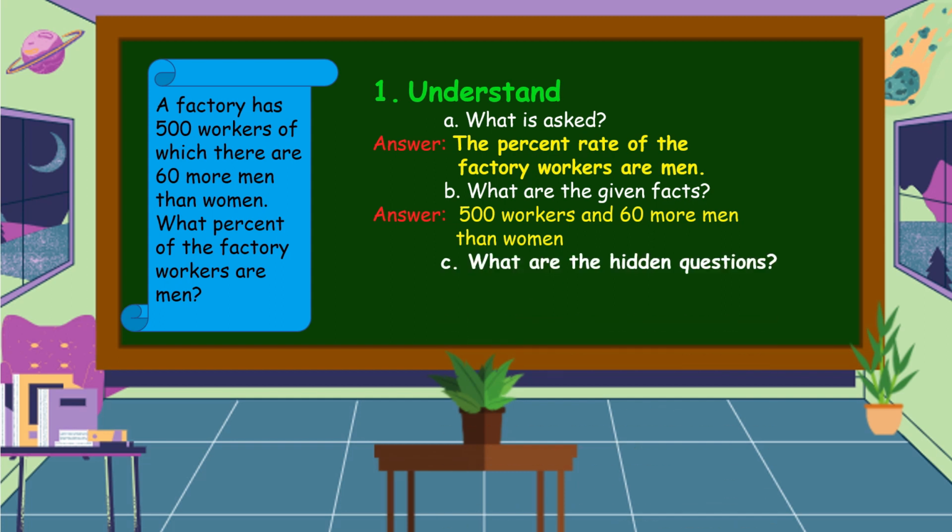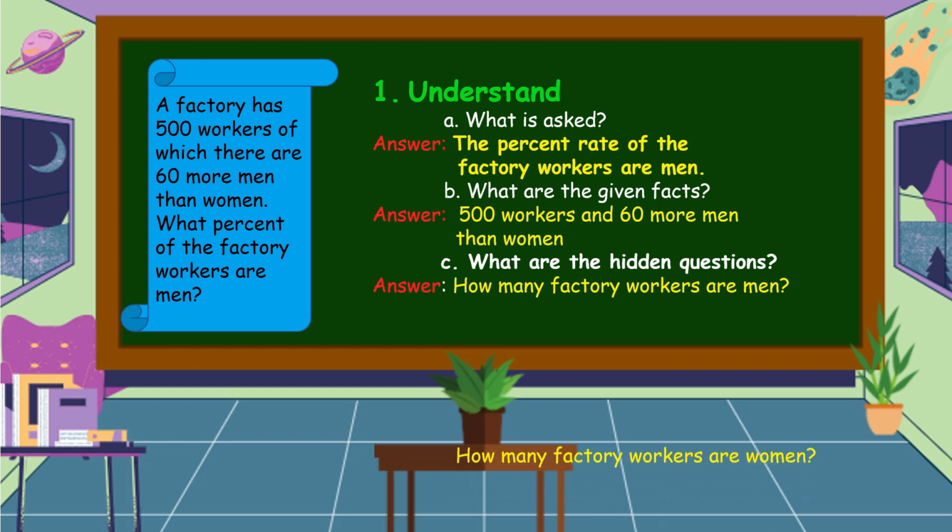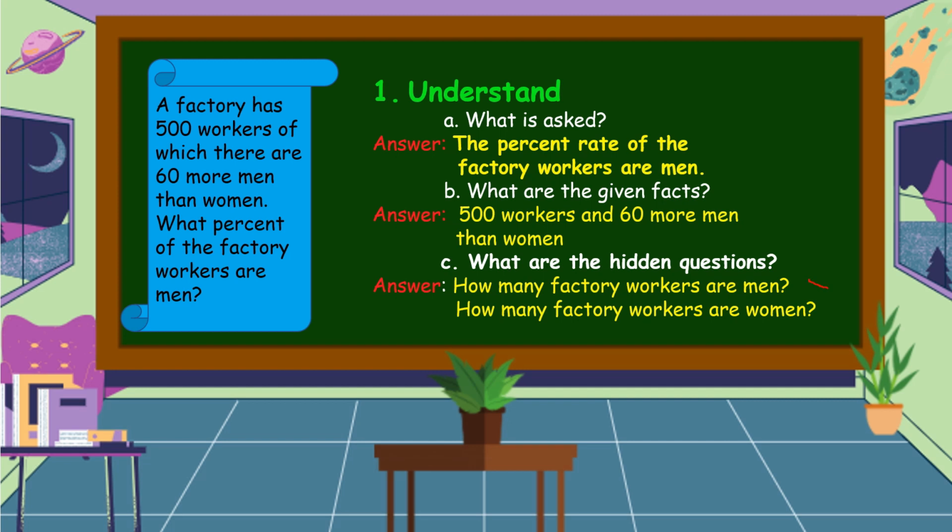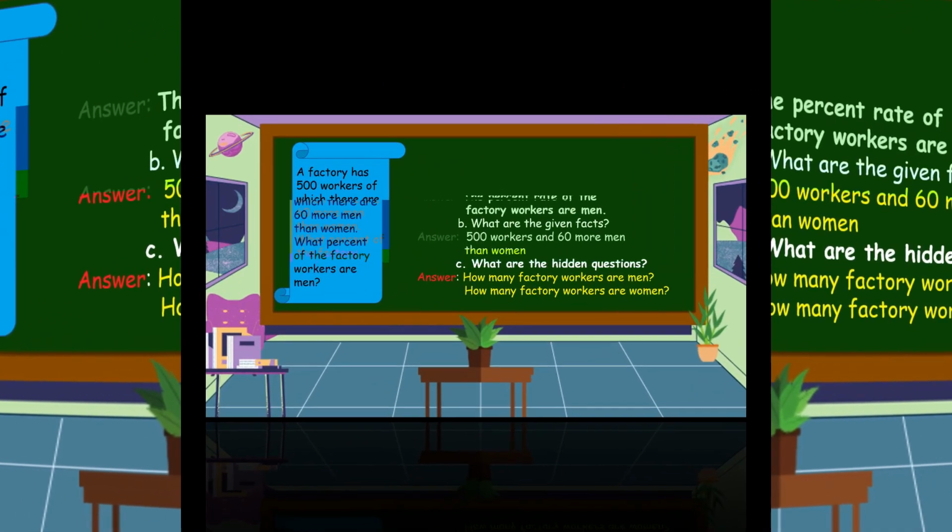Ito yung tinatawag nating hidden questions. So, our first hidden question is, how many factory workers are men? And the second one, how many factory workers are women? So, itong dalawang hidden question na to, kailangan muna natin itong masagutan para makuha natin yung answer dun sa question natin na what percent of the factory workers are men?